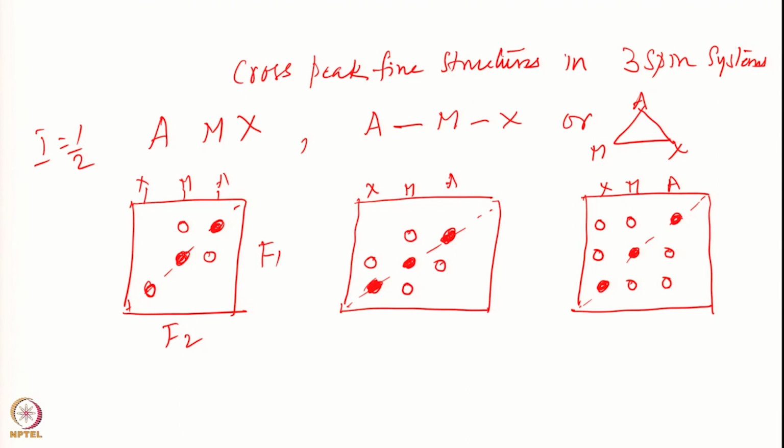Now what will be the 1D spectrum for such a thing, if AMX? Let me draw the 1D spectrum of those. A has a coupling to M, therefore A will be a doublet. And what will be M? M has 2 couplings, therefore it will be a doublet of a doublet.